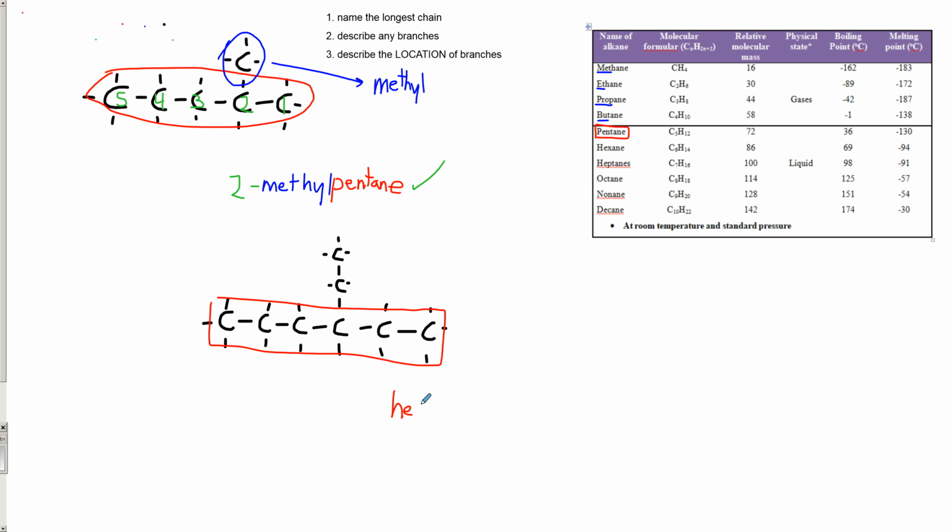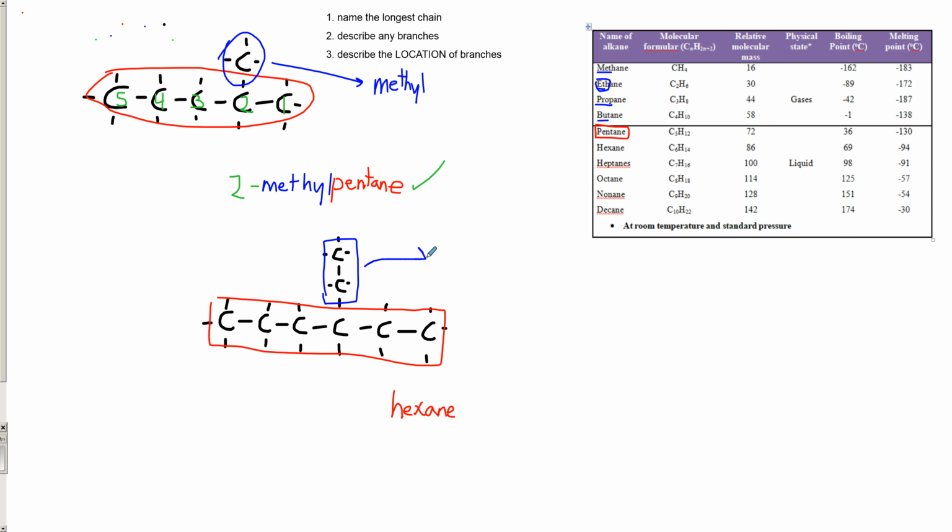Now we have to describe the type of branch, and it is a 2-carbon branch. A 2-carbon branch would not be ethane, it would be ethyl.